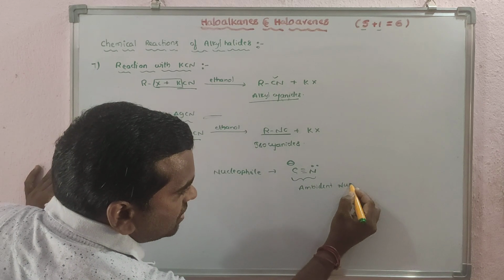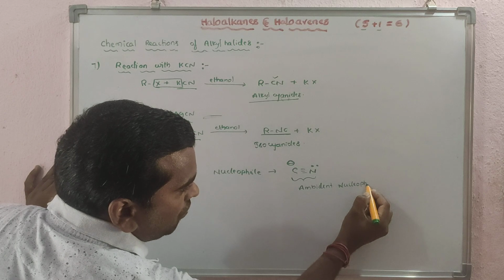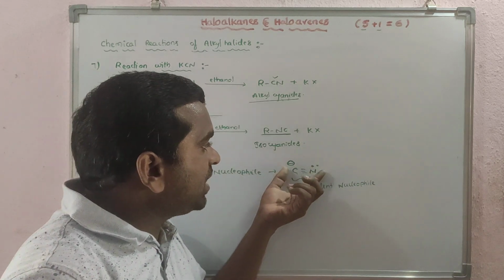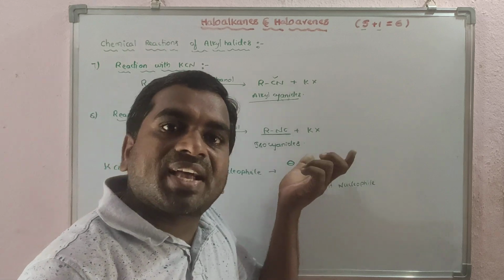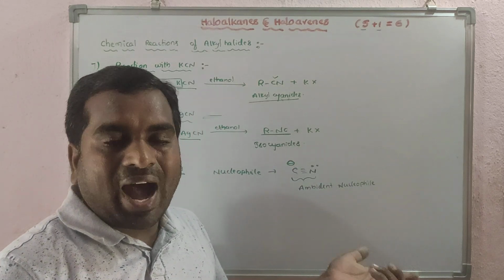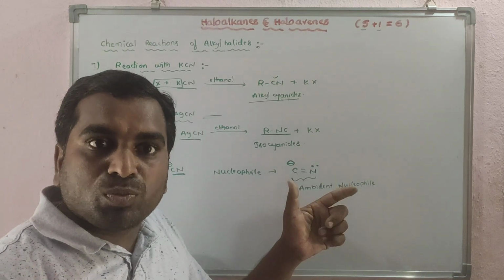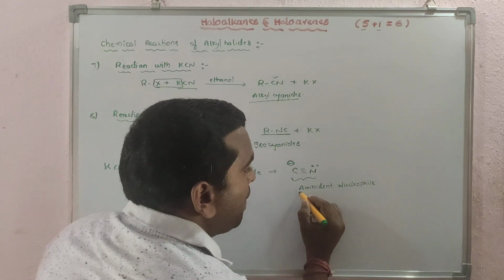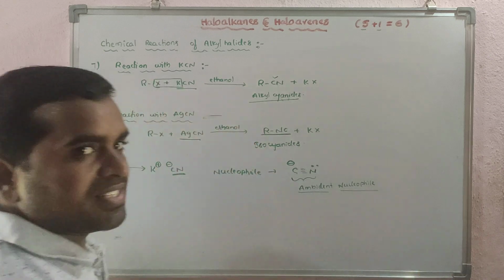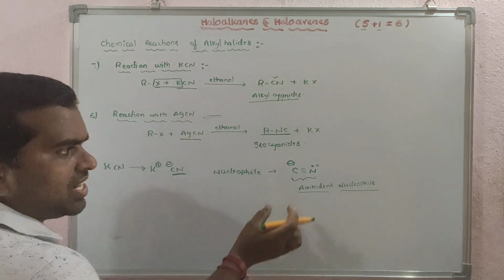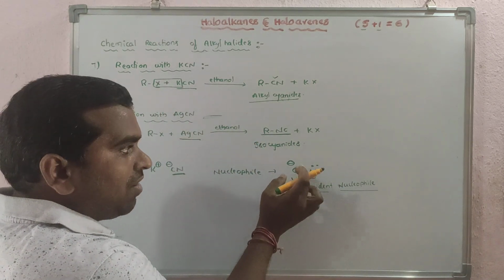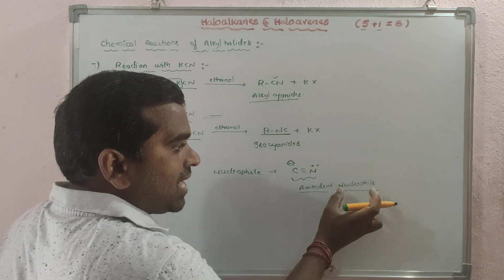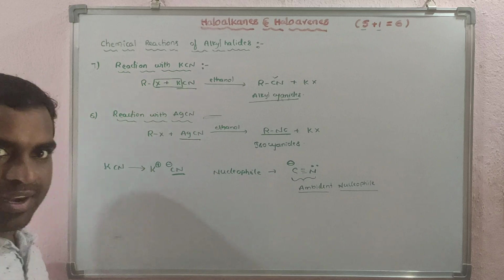A nucleophile with two nucleophilic centers is called an ambident nucleophile, according to the NCERT textbook definition.